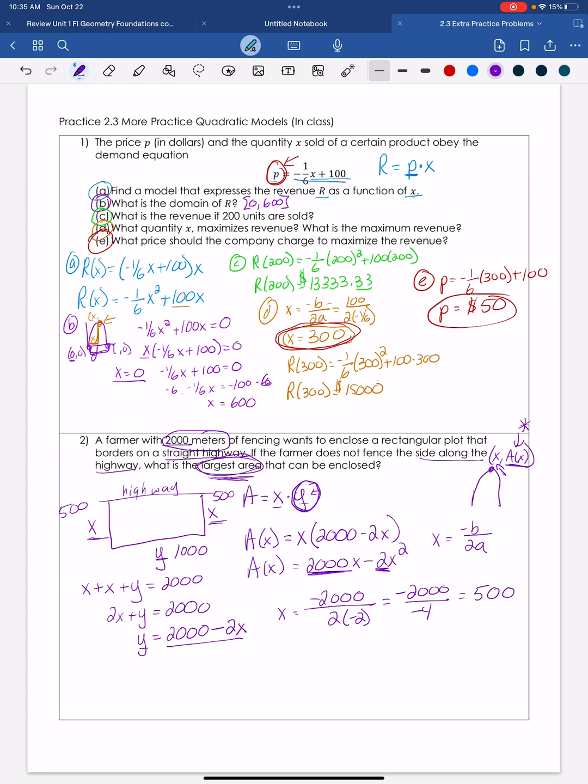And sometimes I ask for that, but that's not what it's asking for. It's asking for the largest area. So I plug 500 into my area equation.